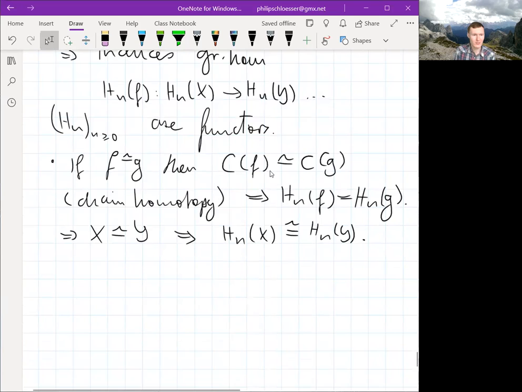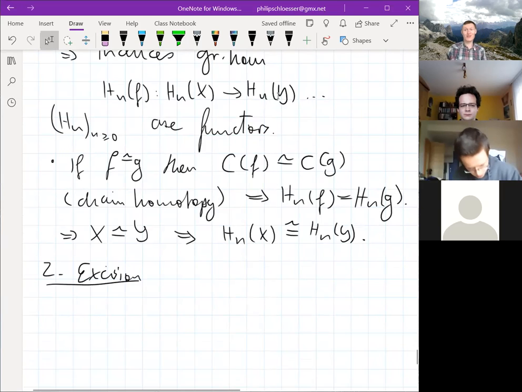The second axiom is called excision, and it basically relates to relative homology, because if we have a subset, we can tell our homology theory to ignore all simplices that lie in that subset, and that's called relative homology.